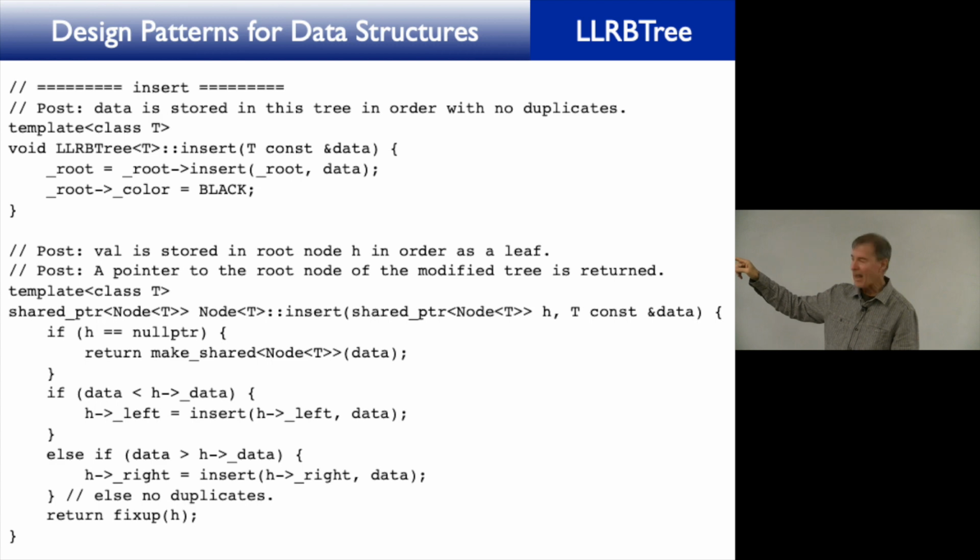Are you with me? And then it's underscore root arrow because that calls the node version of insert. Are you with me on that? And then it passes what? Underscore root. So the node version has to be given a pointer to the root node to do the insertion. Are you with me? And then data.